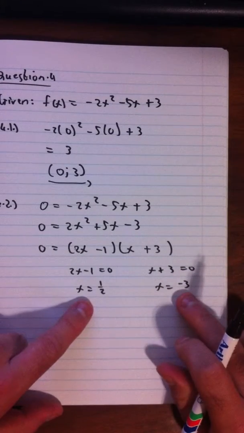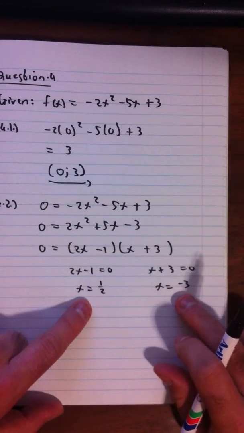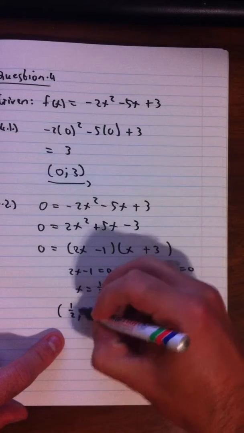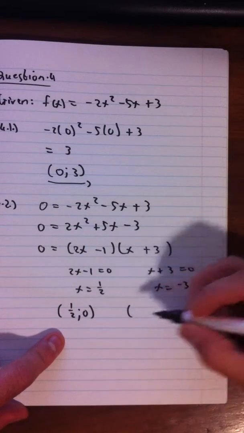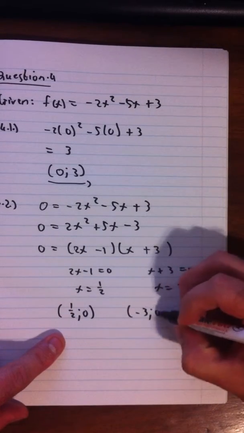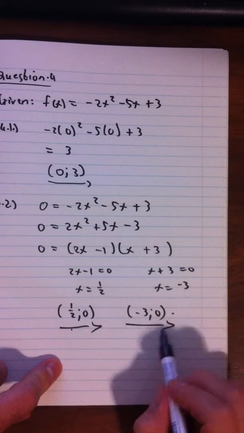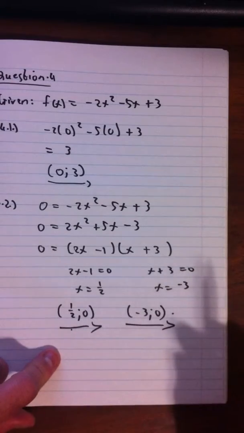So those are the 2 values of the x-intercepts. Their coordinates: we'll have 2 coordinates here, (1/2; 0) and the other coordinate will be (-3; 0). There you go, so that's the coordinates of your x-intercepts.